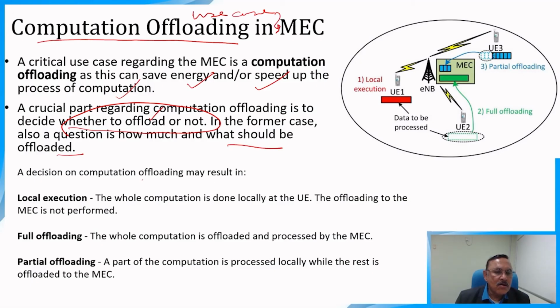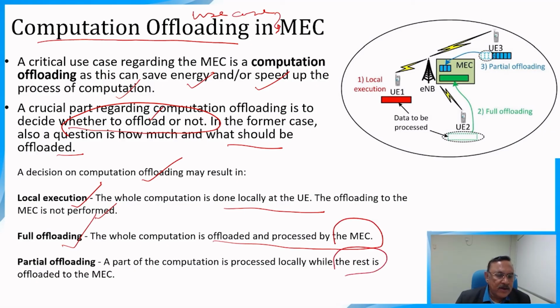So, the decision on computation offloading may result in local execution, where the whole computation is done locally at the user equipment and offloading to the MEC is not performed. With full offloading, the whole computation is offloaded and processed by the MEC. With partial offloading, a part of the computation is processed locally while the rest is offloaded to the MEC.